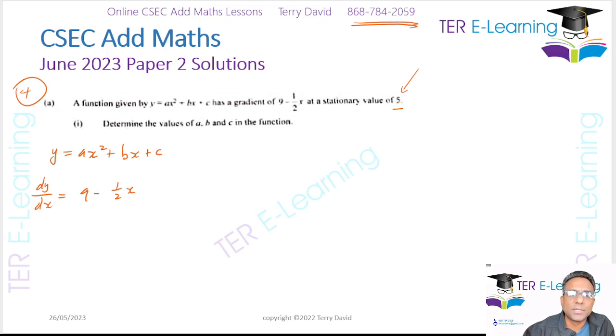All right. So what we could do, if we start off with the original equation, you can find dy dx. So dy dx is going to be 2ax plus b. That is what dy dx is. So if you look at this dy dx, and we look at this dy dx, we can equate our coefficients.